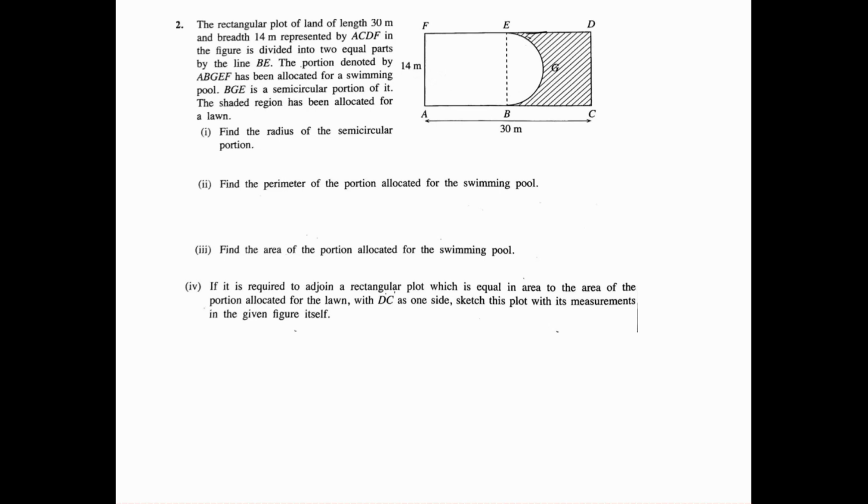So you can see from this picture, there's a rectangle there, there's a semicircle there, equally divided, and this marked part is a lawn, this is a lawn, and this is a swimming pool.